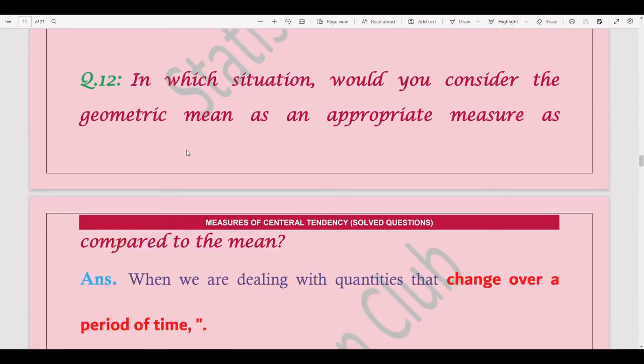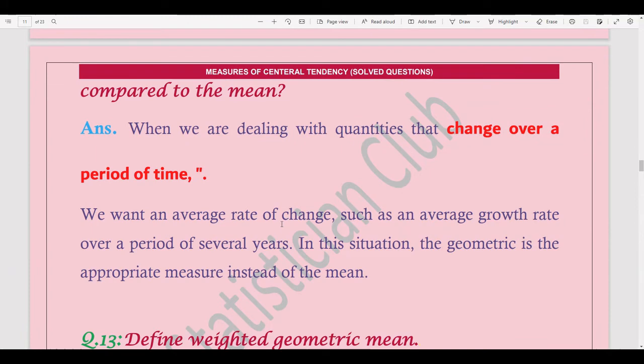In which situation would you consider the geometric mean an appropriate measure as compared to the mean? When we are dealing with quantities that change over a period of time, then the geometric mean is the suitable measure.